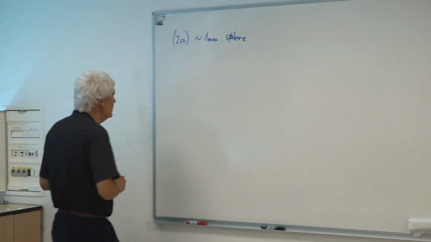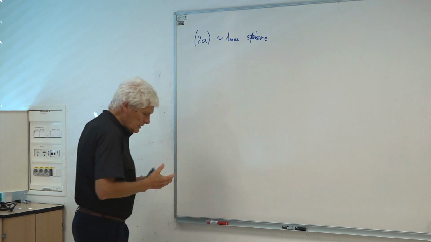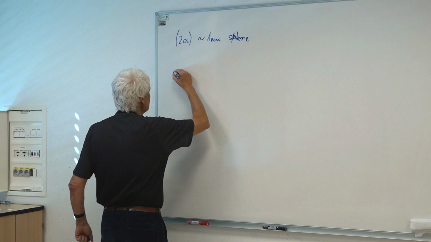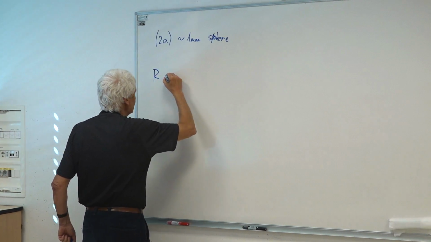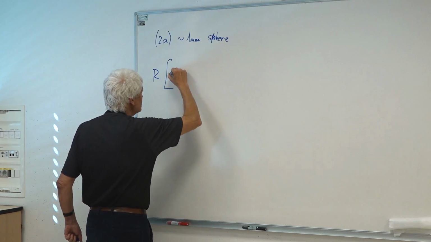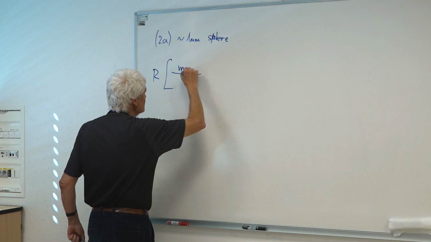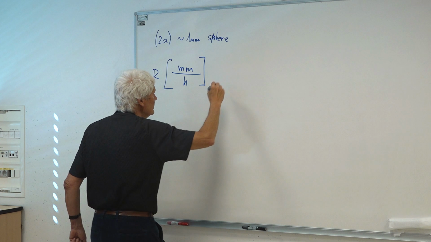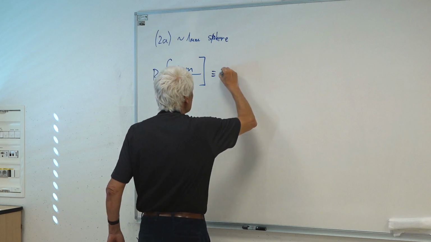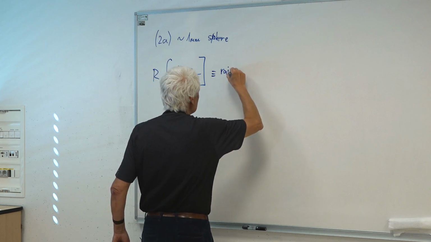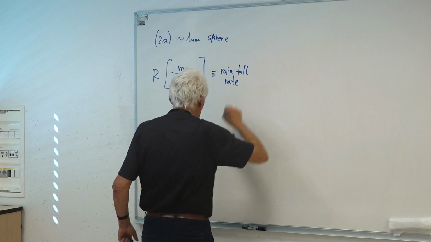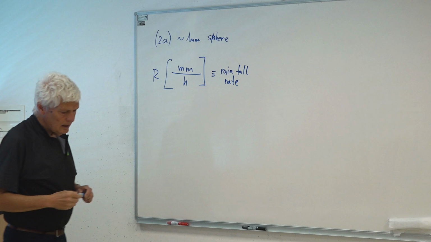And rainfall is usually described as a rainfall rate in units of millimeters of rain per hour of time. This is the rainfall rate.